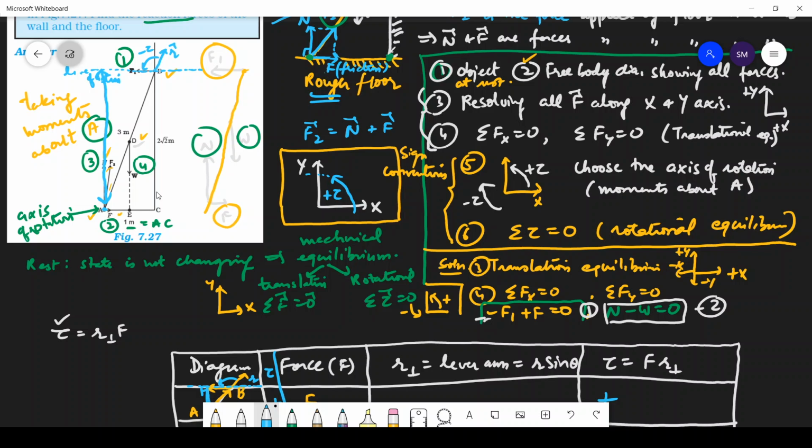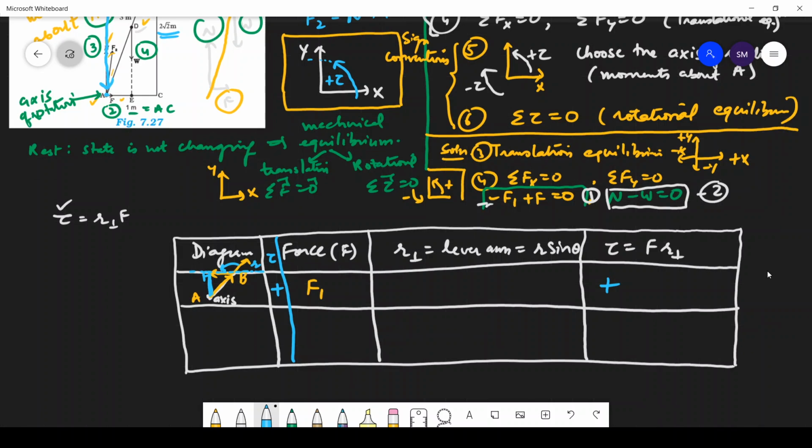This is 3 and this is 1, so this height comes out to be 2 root 2. So this lever arm is 2 root 2, and the torque is equal to 2 root 2 into F1.